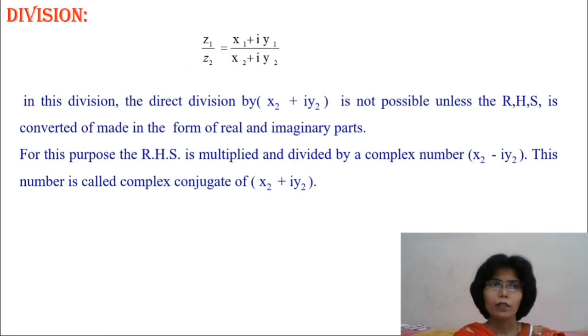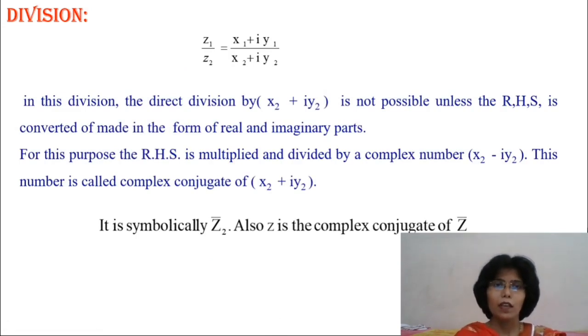Now we'll study about the division of two complex numbers. Here is z1, which is a complex number equal to x1 plus iy1, and here is z2, which is equal to x2 plus iy2. Now if we want to find the division of these two complex numbers, then we cannot divide z1 directly by z2.